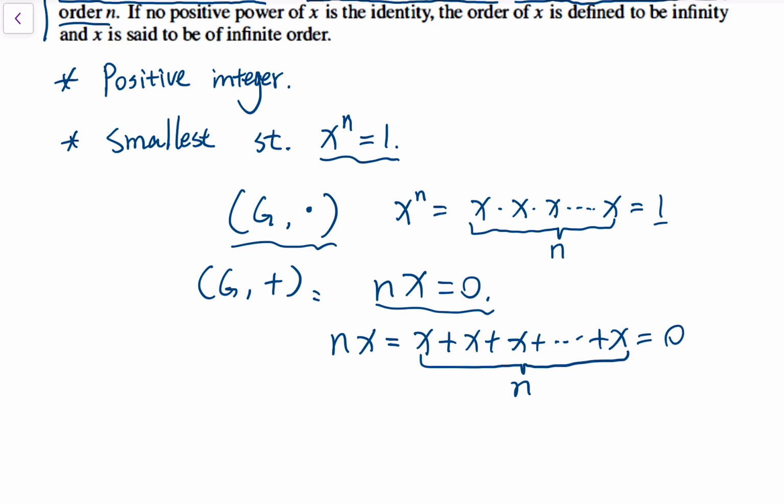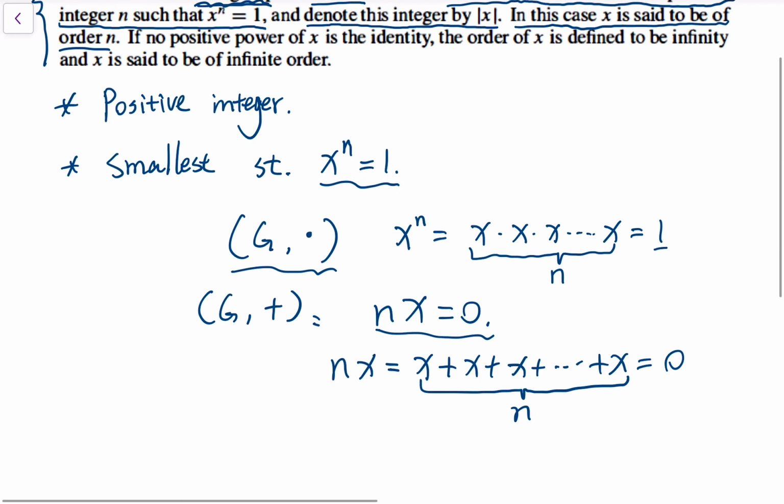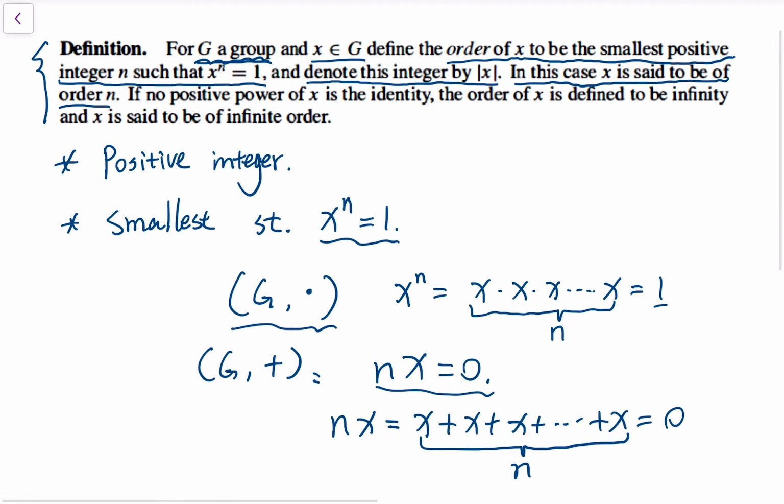Then n satisfies this property, and if n is the smallest such positive integer, then you say n is the order of this element x. So this is the definition of the order of x.